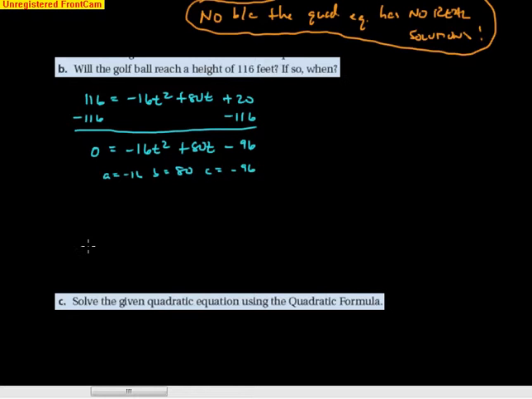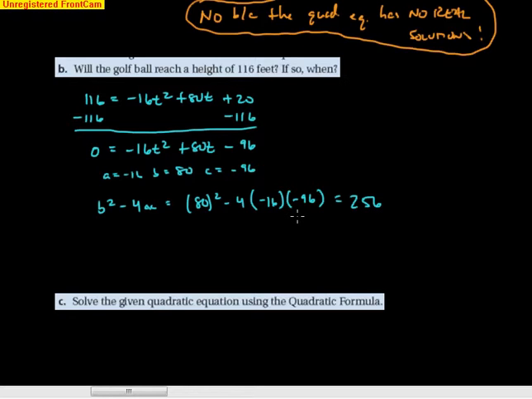Alright, let's see what we get this time. So, B squared minus 4AC, that's your discriminant, is 80 squared minus 4 times negative 16 times negative 96. And I'll put this in my calculator, and I get a value of 256.